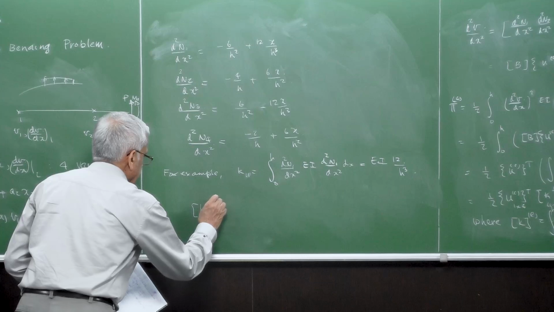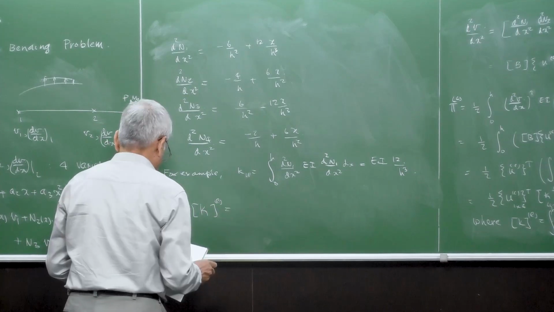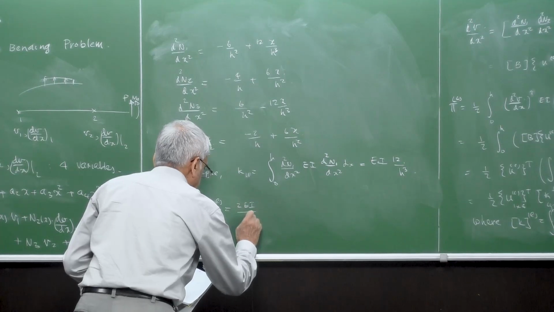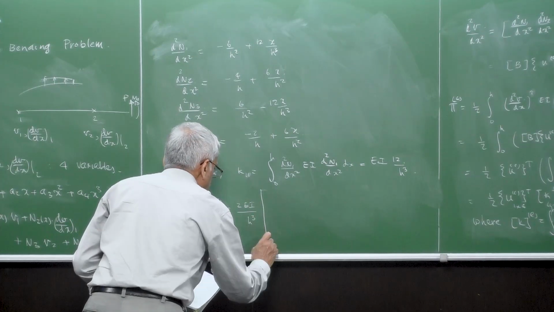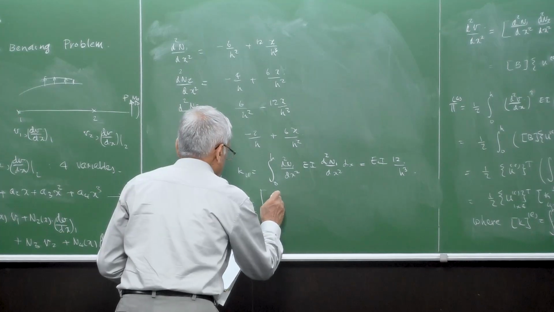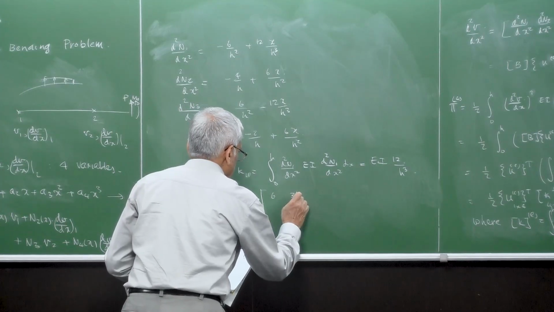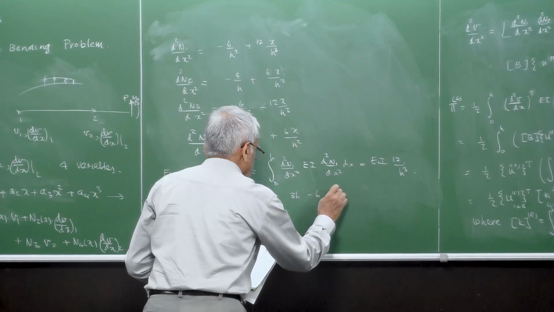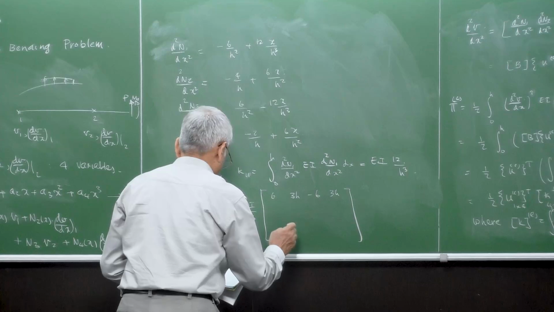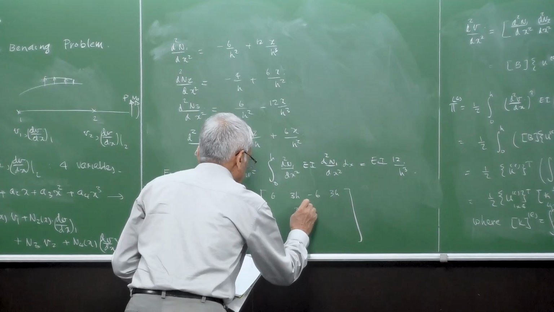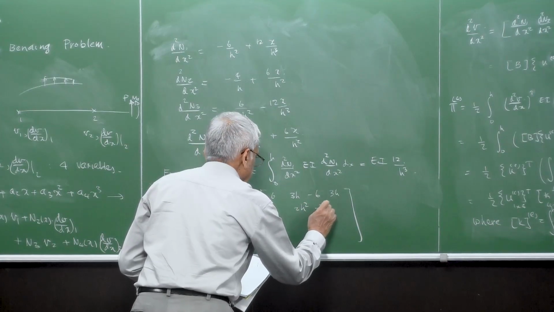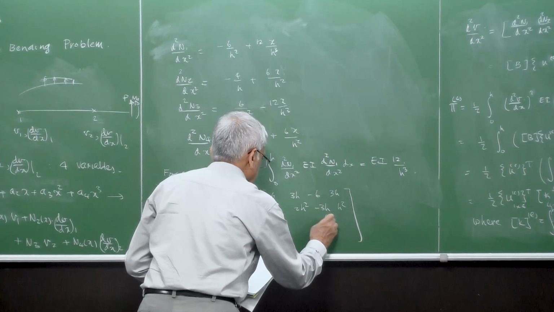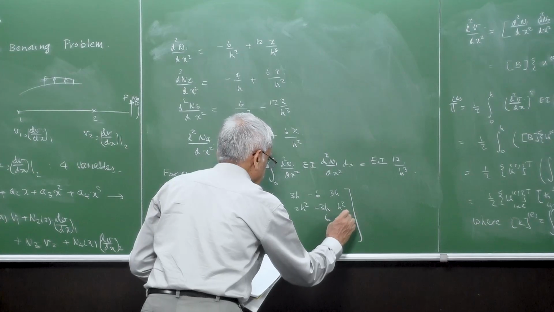So we get Ke as 2EI by h cube, 6, 3h, minus 6, 3h, 2h square, minus 3h, h square, 6, minus 3h.